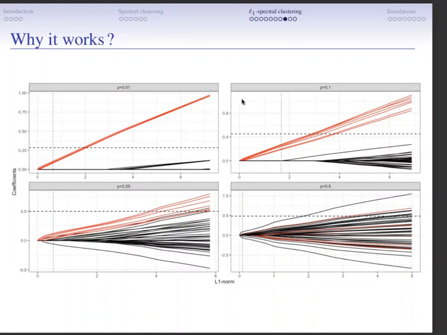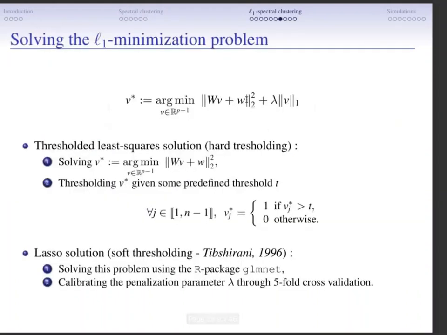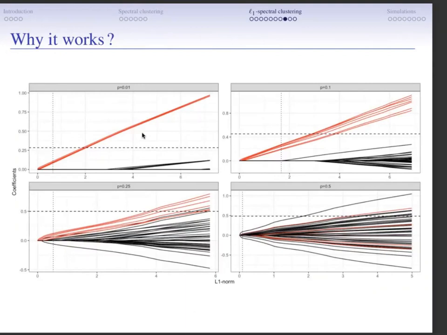Here you represent the evolution of all the coefficients of the solution of this problem according to different values of lambda. The red coefficients correspond to the nodes you want to find, and the black ones correspond to all other nodes.